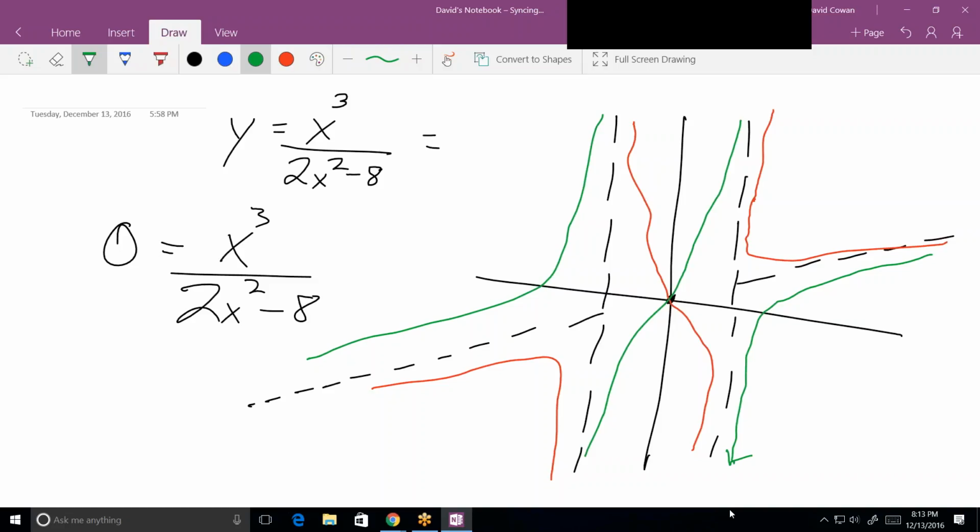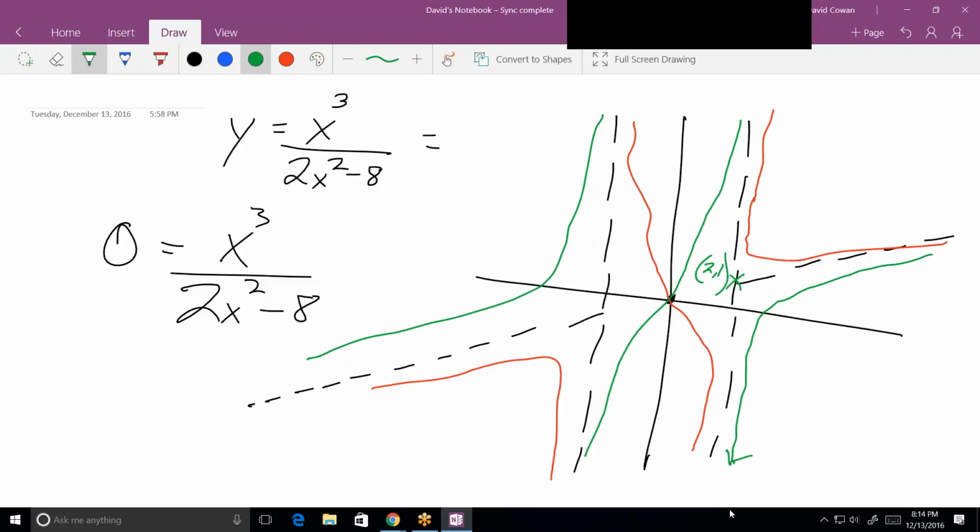What's that point right there? That would be 2, 1. Yeah, exactly. So let's put in 3 for x.